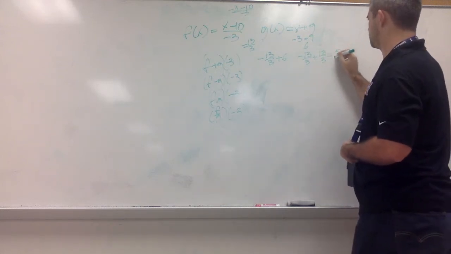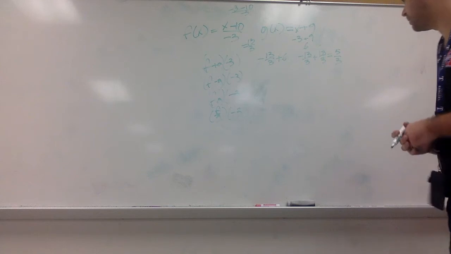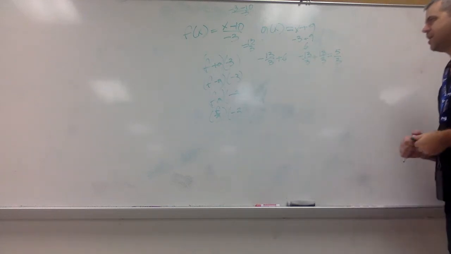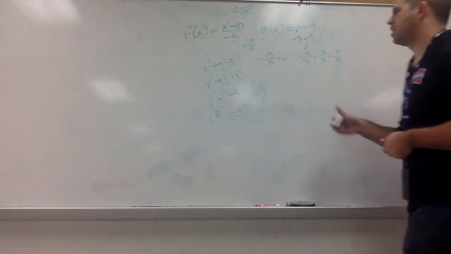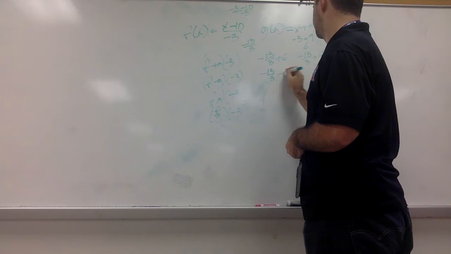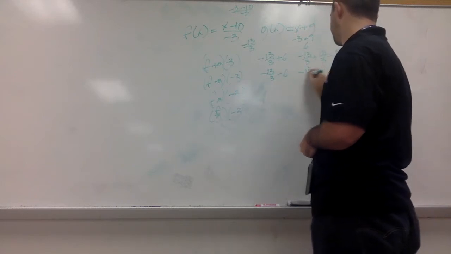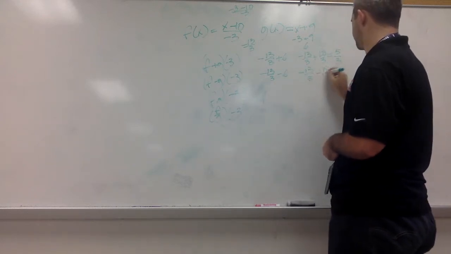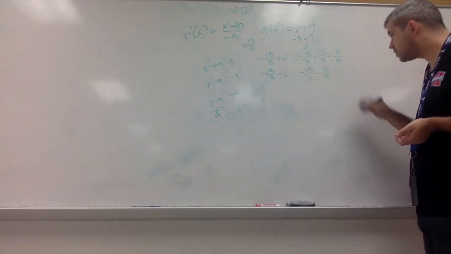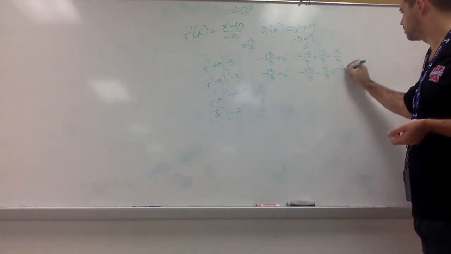So this is 5 over 3. I just changed this to 18 over 3, so we have a common denominator. Now subtracting them. Same concept. So what is that? -22 over 3.